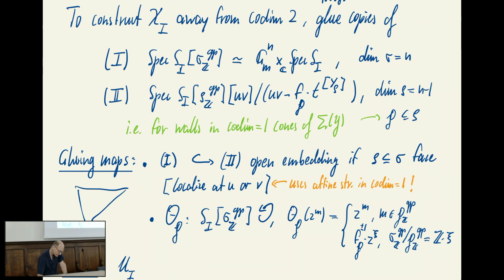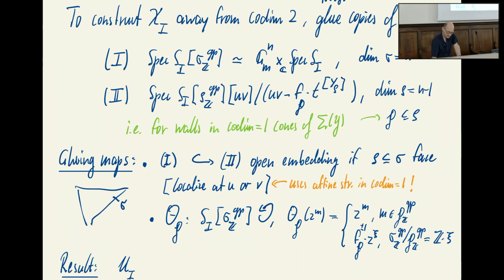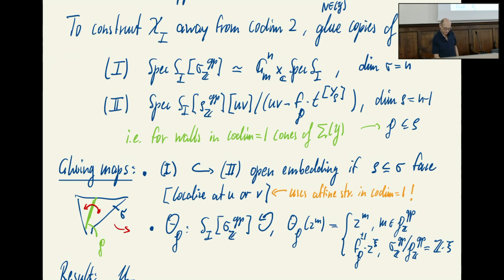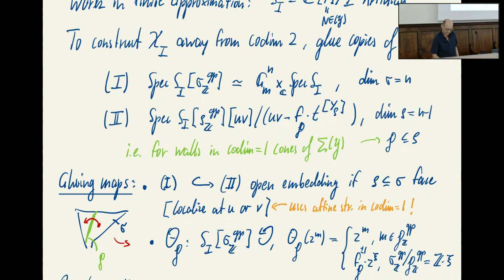Let's start with sigma, and then you have a wall in here, that's your P. Let's assume it separates a thing. You can go from here to here, okay? And that's what this does. So both these points have a copy of this torus, and they are related by this wall crossing automorphism that depends on this function fp.